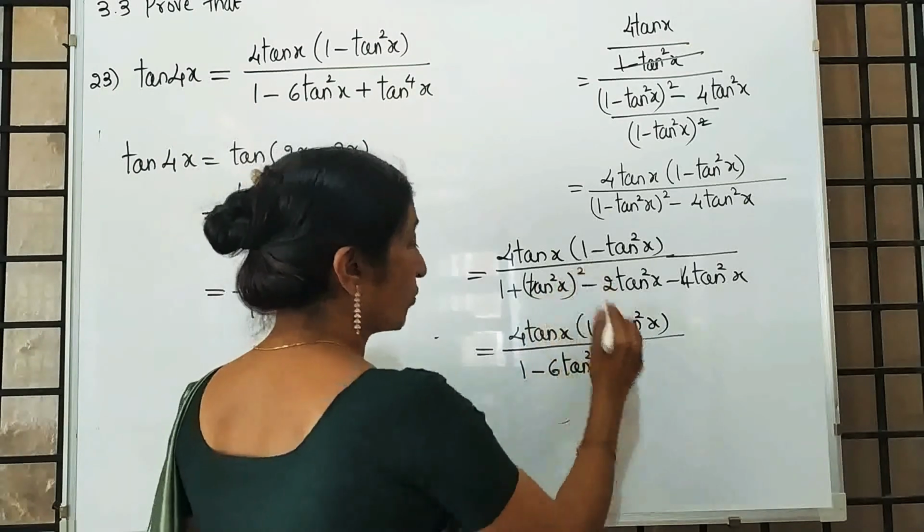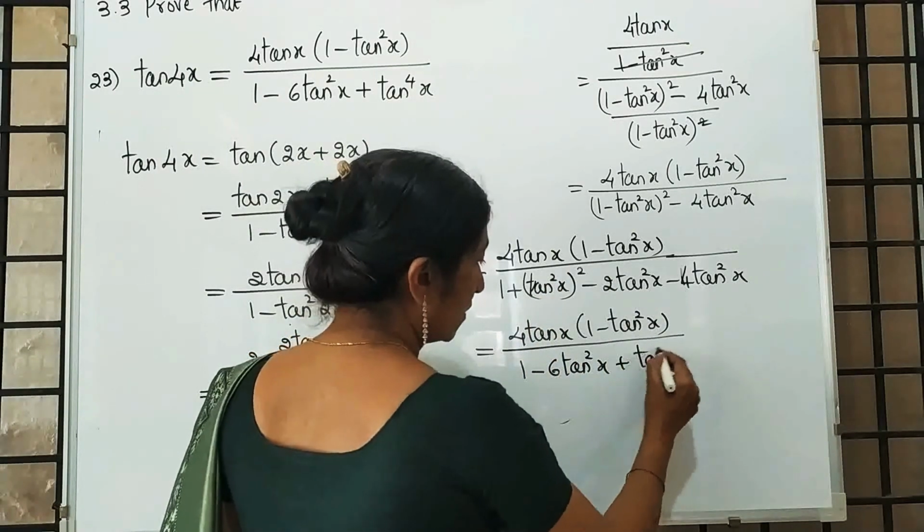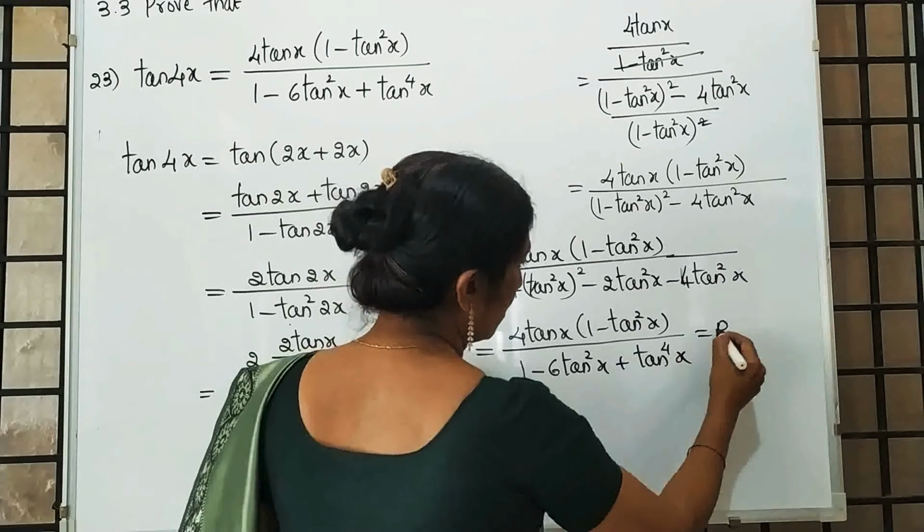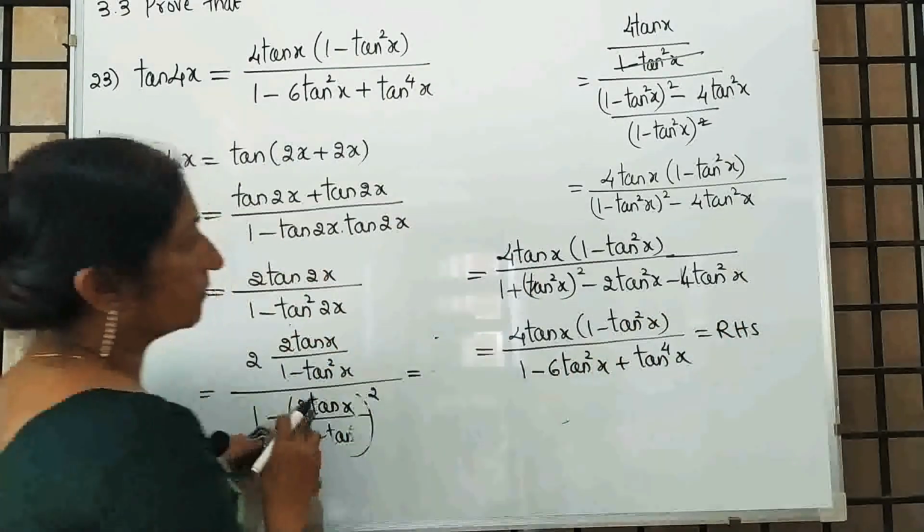Tan square x whole square is tan raised to 4x. This is RHS.